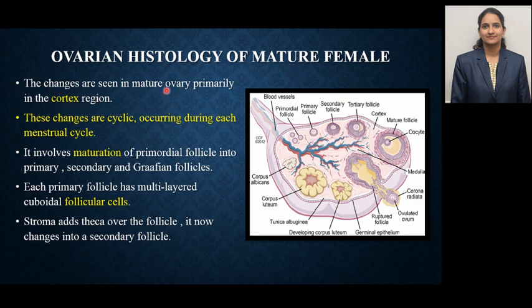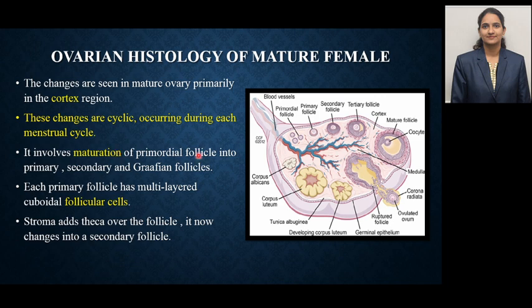The changes are seen in the mature ovary primarily in the cortex region. This outer region is called the cortex, while the middle region is called the medulla. These changes are cyclic, occurring in a periodic form during each menstrual cycle.